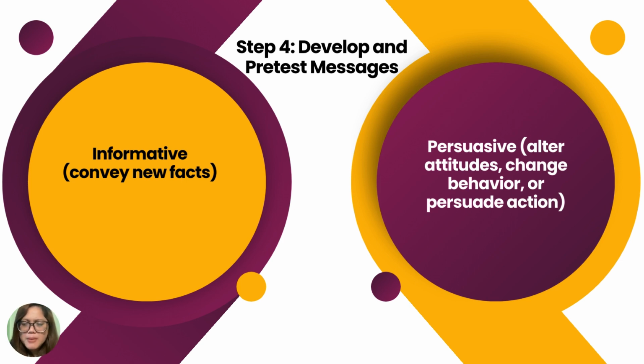Messages can be informative, like conveying new facts, or persuasive, like convincing people to change their thoughts or actions. And sometimes when we develop our message, we can do both. Before people act, we need to realize that they often need to understand and agree with our message, and these steps help us ensure our messages are effective.